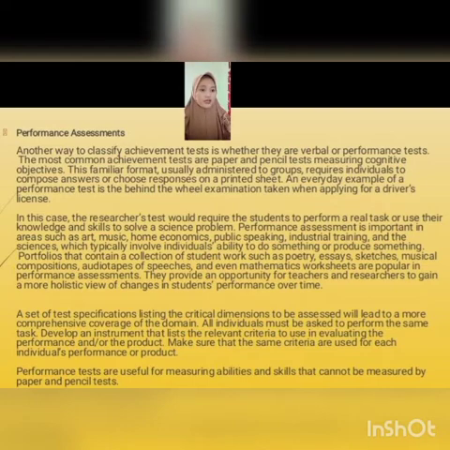An everyday example of a performance test is the behind-the-wheel examination taken when applying for a driver's license. In this case, the researcher's test would require the student to perform a real task or use their knowledge and skill to solve a science problem.